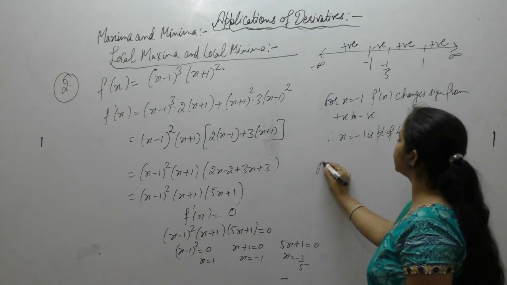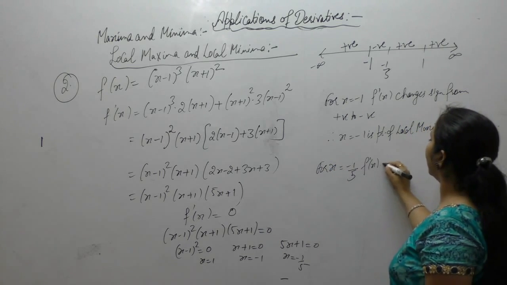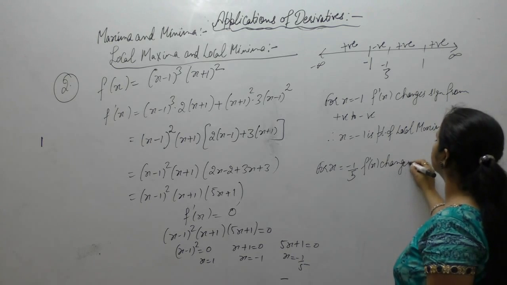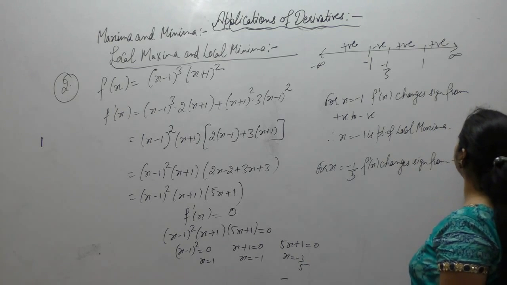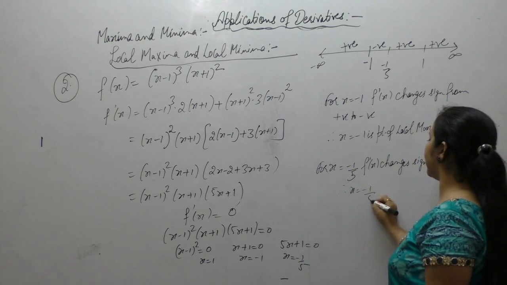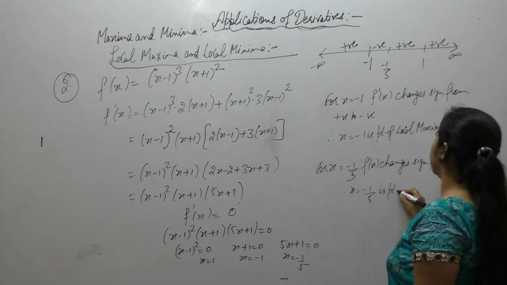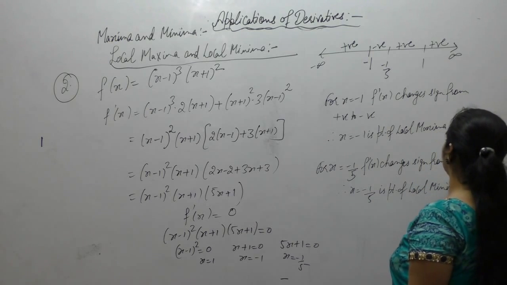For x equals minus 1 by 5, f dash x changes sign from negative to positive. Therefore, x equals minus 1 by 5 is a point of local minima.